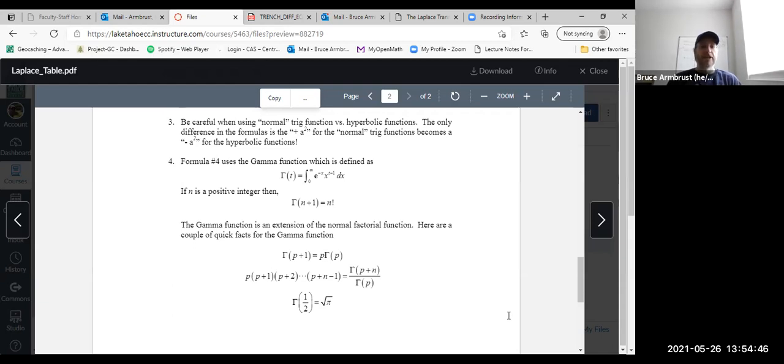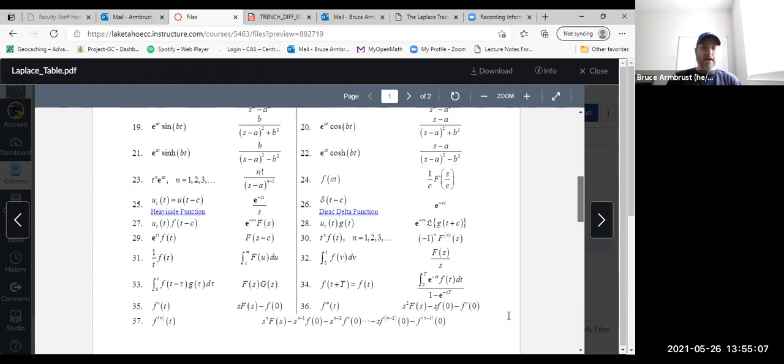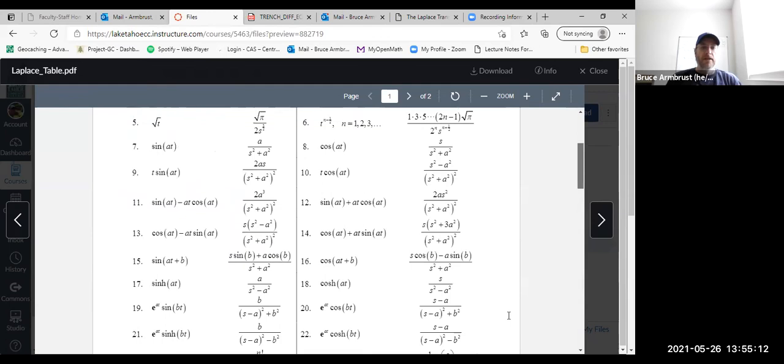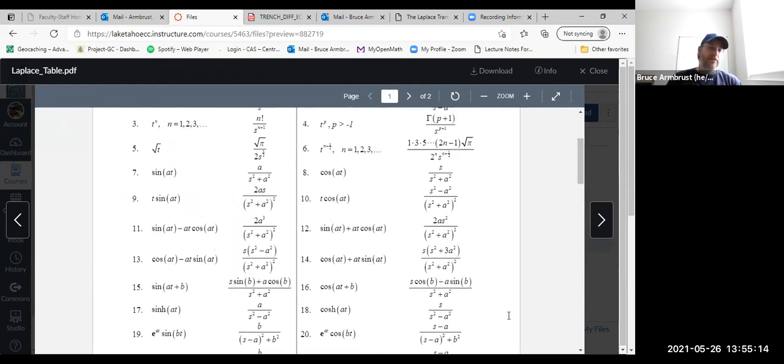If it's not an integer, the gamma function works like this: if you had gamma of 4.1, it's 4.1 times 3.1 times 2.1 times 1.1 times the gamma function of 0.1. There are all kinds of little quirky things, but this table is more than enough for anything we're going to do, and we can use it to help us find Laplace transforms of other things.